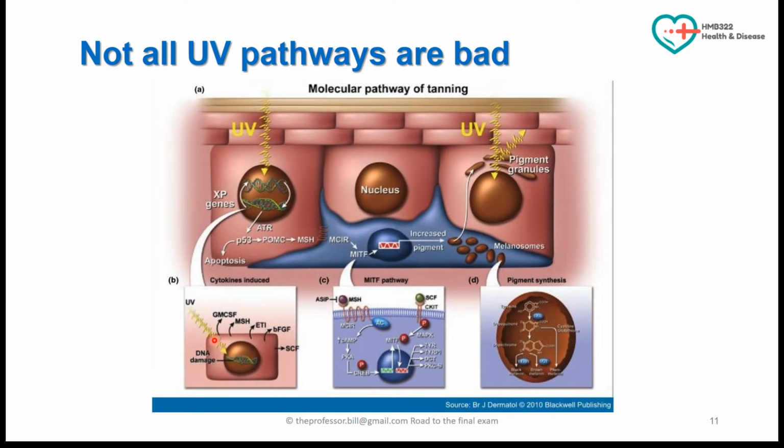The only one that I'm also going to mention is that UV damage also causes the initiation and release of not just POMC to create MSH, but also the release of SCF, which is stem cell factor. And stem cell factor is going to be important on the next cell as well.